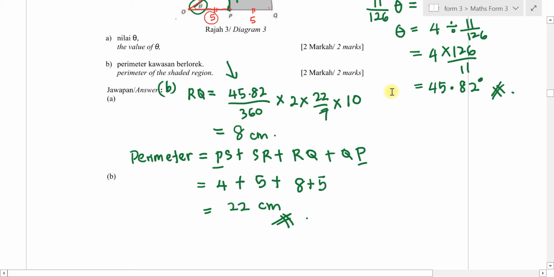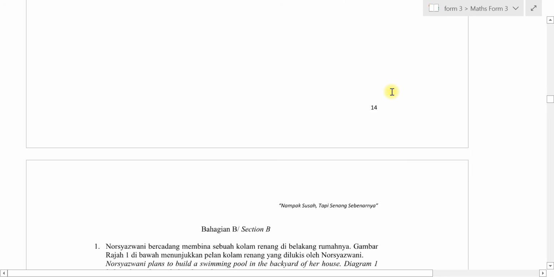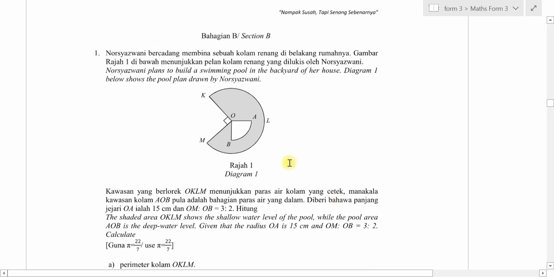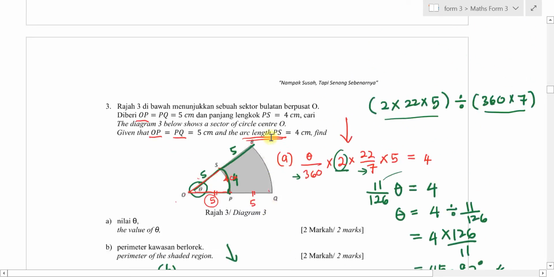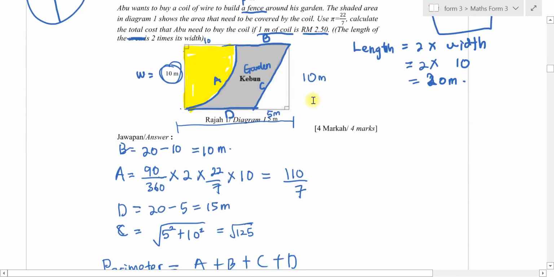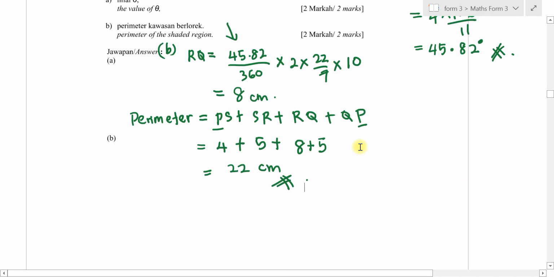Now moving on to section B type question. If they ask section B, it is a bit more challenging. In SPM Mathematics, we have 3 sections. Section A, the 4 mark, is the easy type like this.